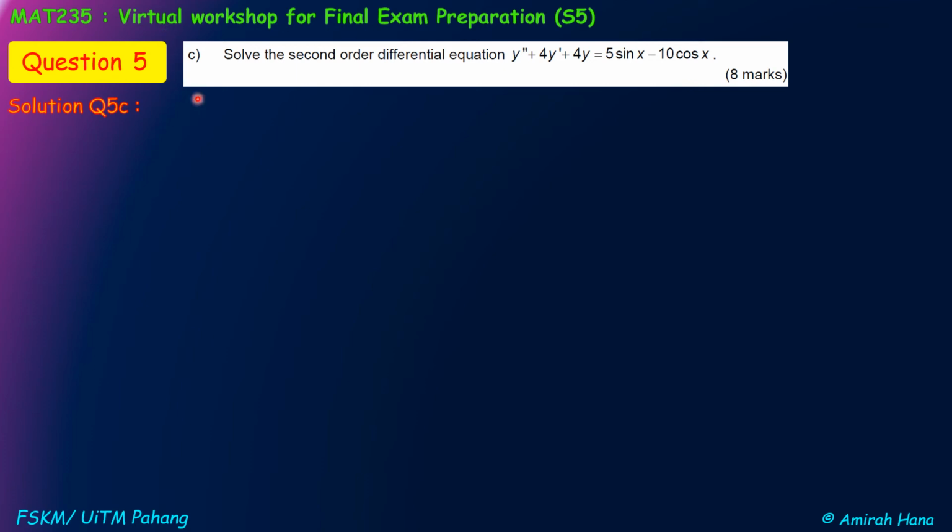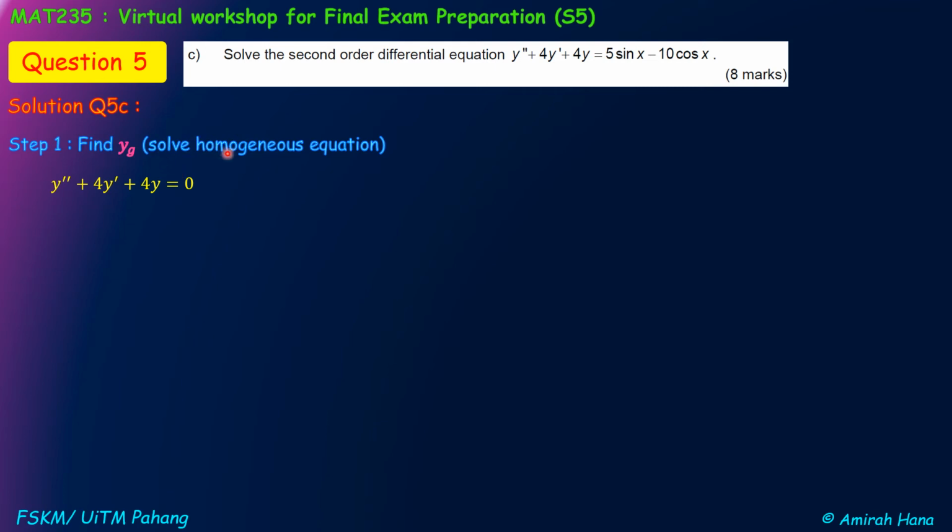To solve this question, step 1, we need to find yg, which means we need to solve the homogeneous equation for the second order ODE. Homogeneous equation means we write y double prime plus 4y prime plus 4y equals 0. We equate to 0.